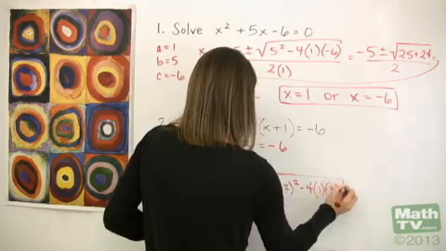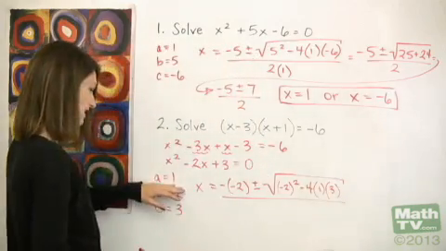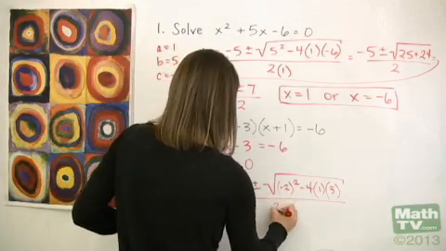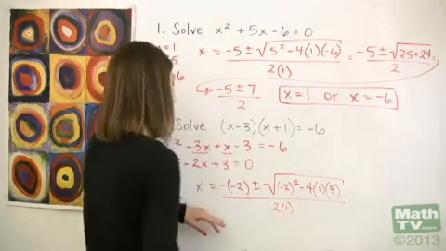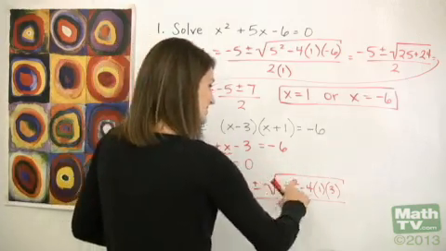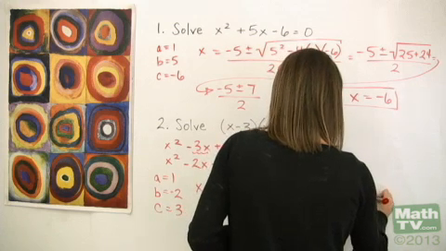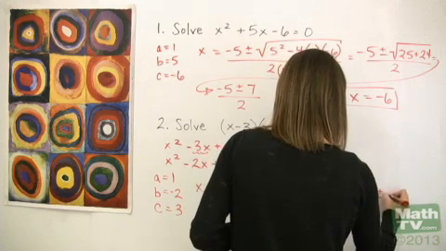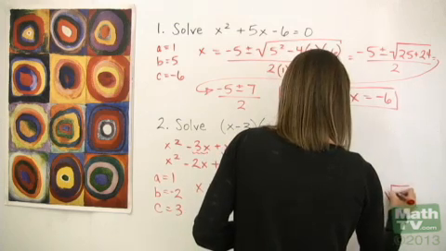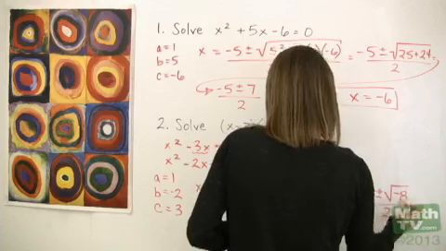That's all under our radical sign. And this expression is over 2a, where a is 1 again, so 2 times 1. Okay, so then we just simplify what we have here, and that simplifies to 2 plus or minus the square root of negative 8 all over 2.